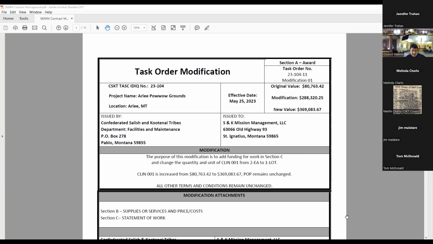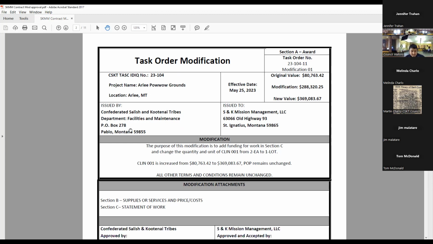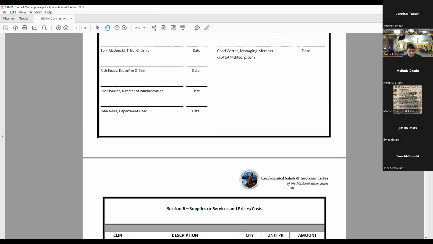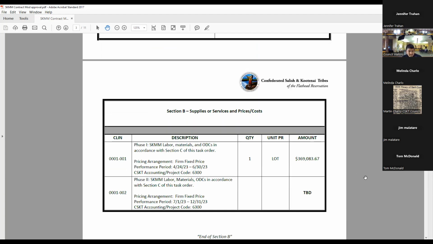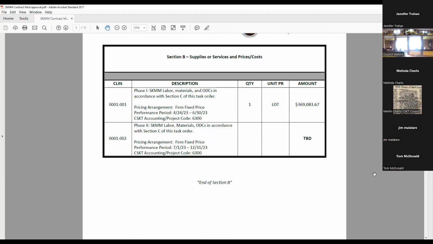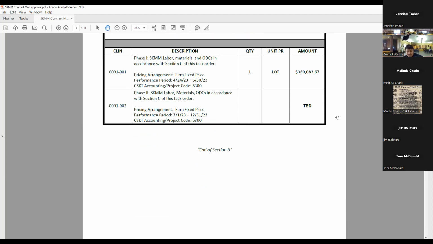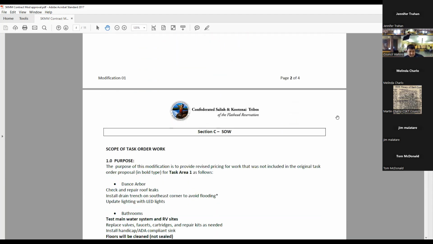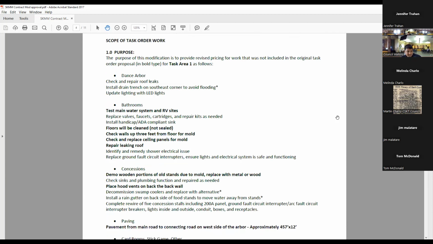And if I scroll down here. So there was not a new task order? Or just in addition to the price? Just pricing, yeah. I'll explain that here, it's easier to see. So here's the scope of the task order.